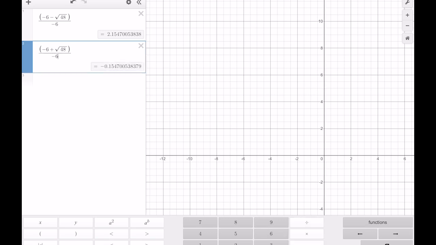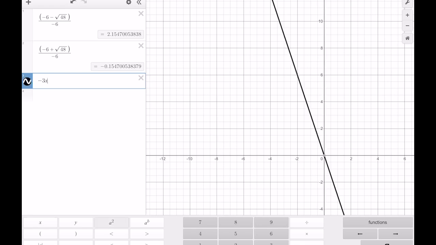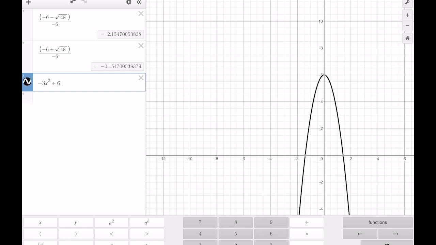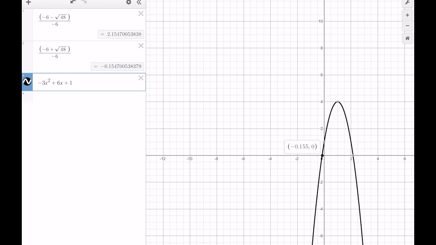And I get -0.15. So they're my two x-intercepts. And as you can see here, if I was to graph this function, here's your two x-intercepts, -0.155 and 2.15.